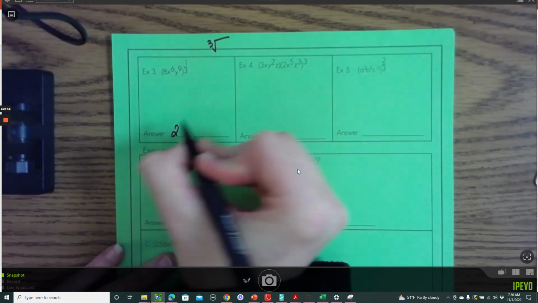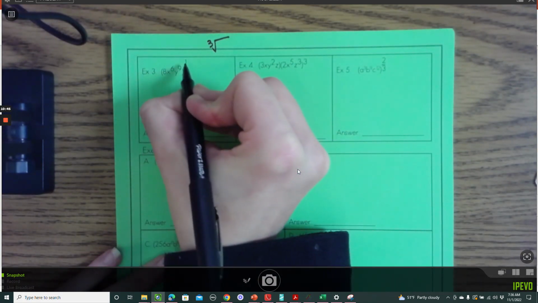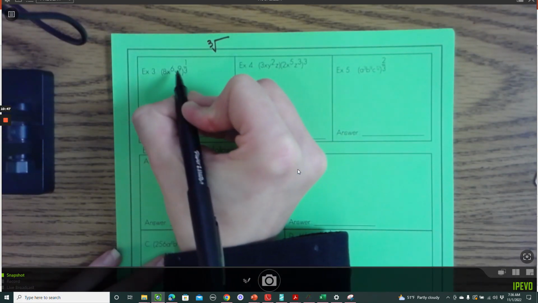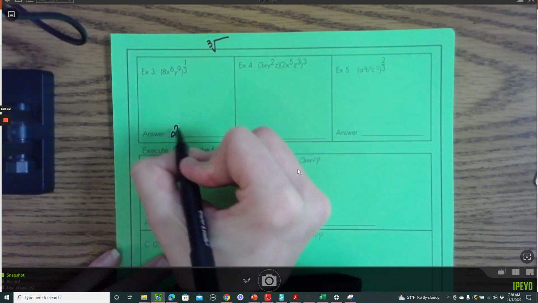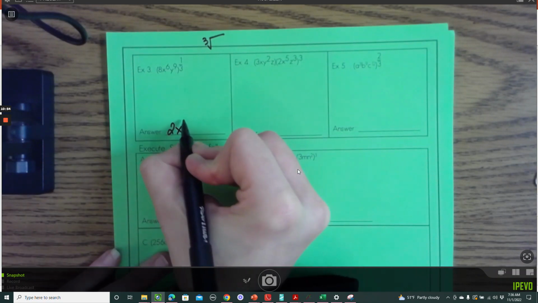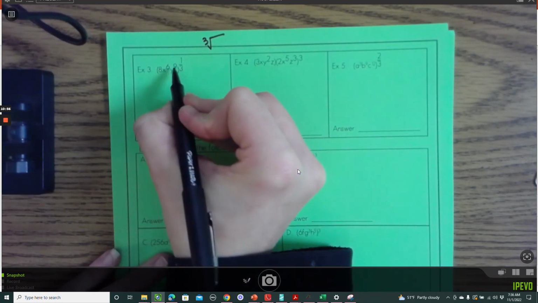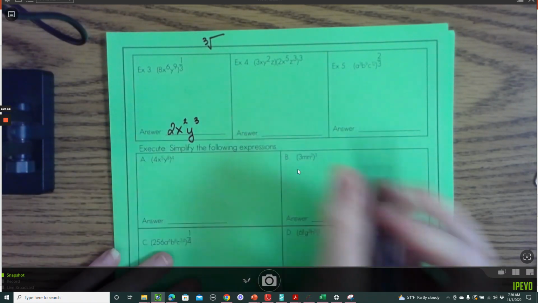So we would have 2, and then 6 to the third, you can do 6 times a third, but 6 times a third is also the same as 6 divided by 3. So 6 divided by 3 is a 2, and then 9 divided by 3 is a 3.